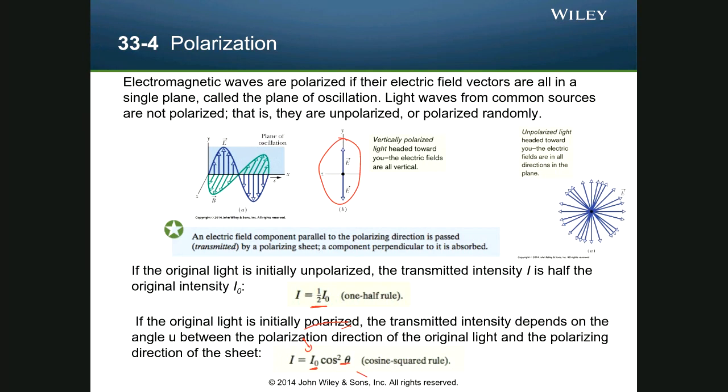Now, where I don't want you to get confused is, don't confuse this I naught. I'm going to circle them in different colors. You have I naught there, and you have I naught here.